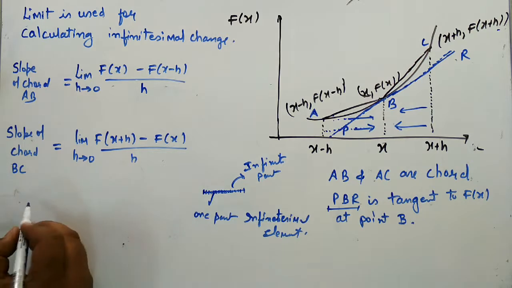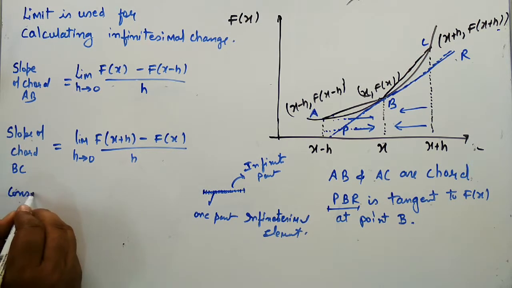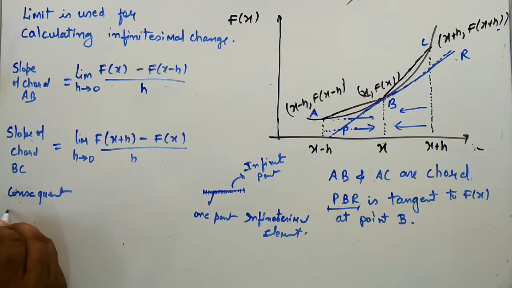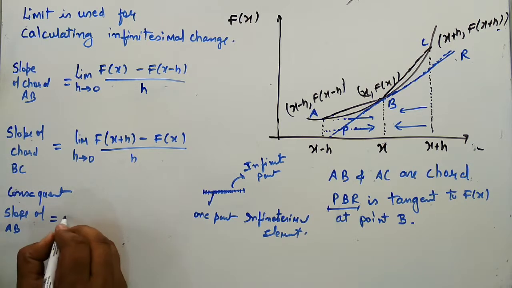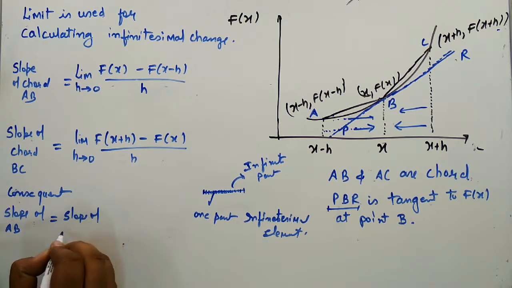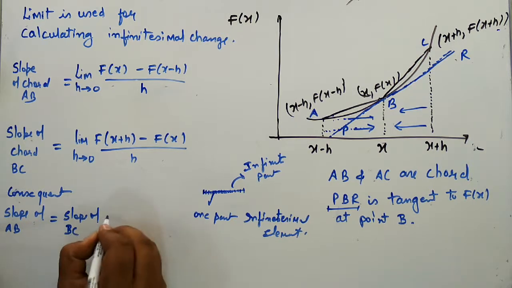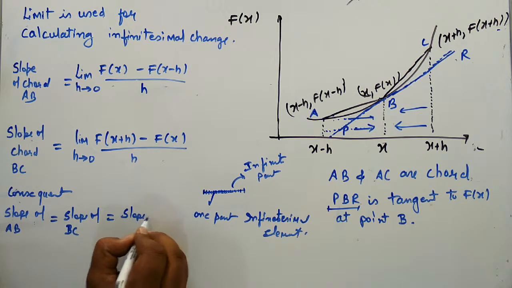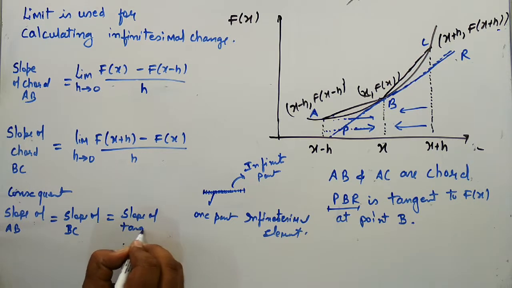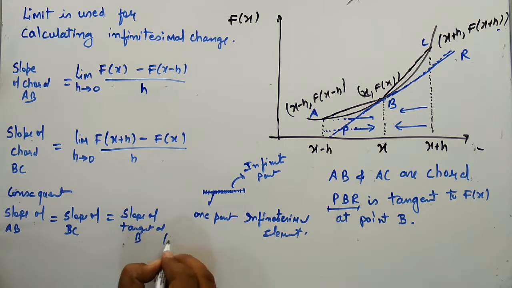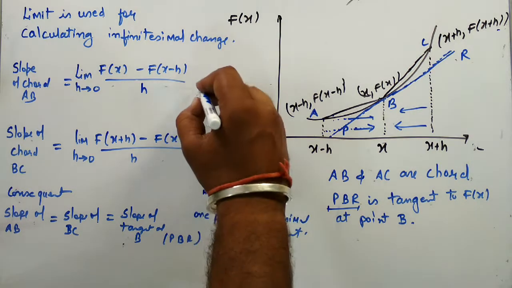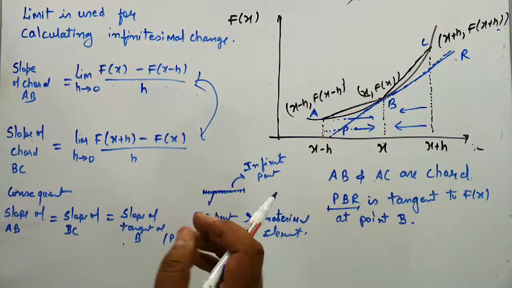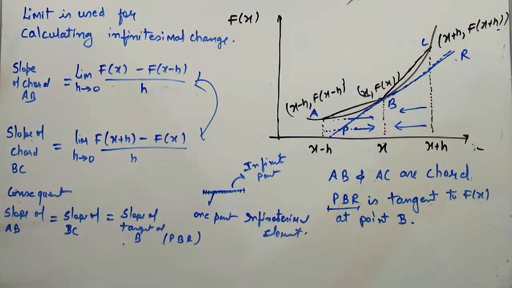Consequently, the slope of AB would be equal to the slope of BC, and that will be equal to the slope of the tangent at P, which is PBR. So both these slopes will be equal for infinitesimal change.